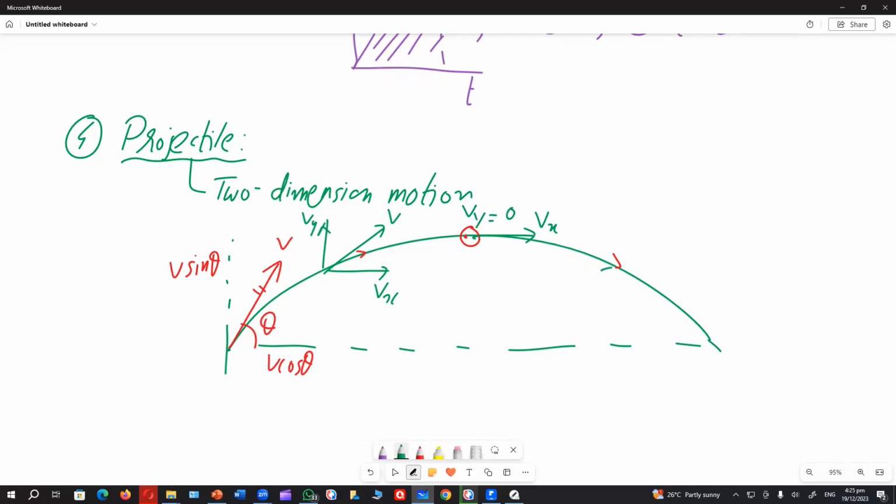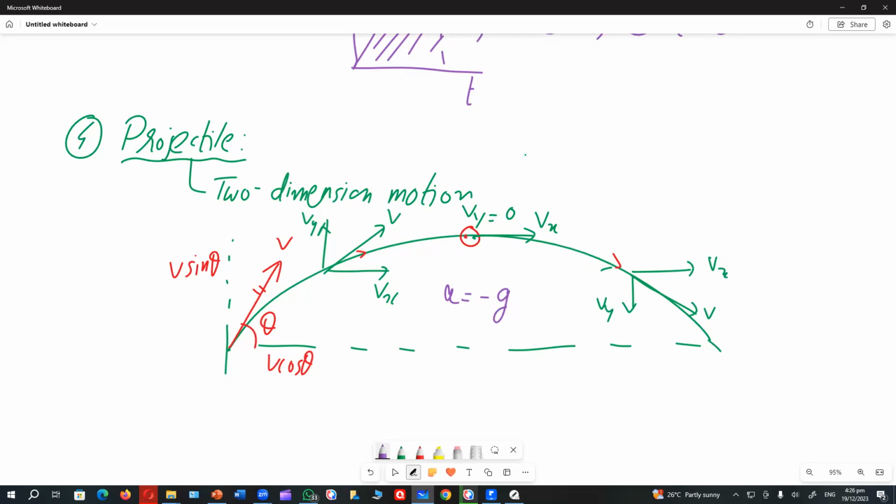When the projectile is going downward like this, this is Vx, this is Vy, and this is V. The horizontal component does not change throughout the motion. In full projectile motion, acceleration is taken to be negative g.